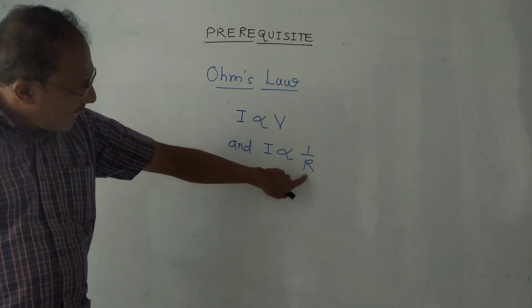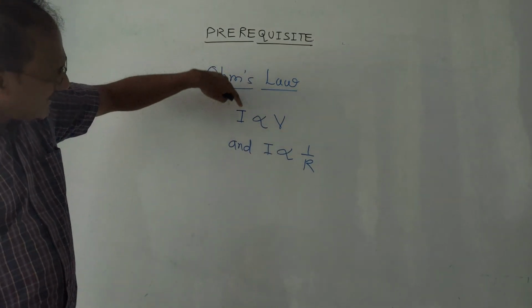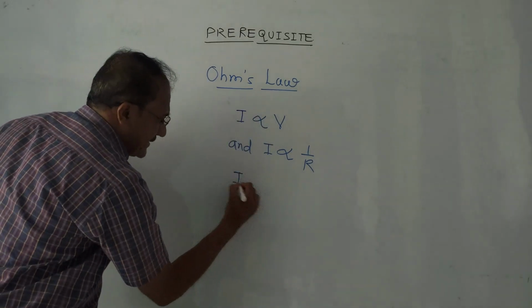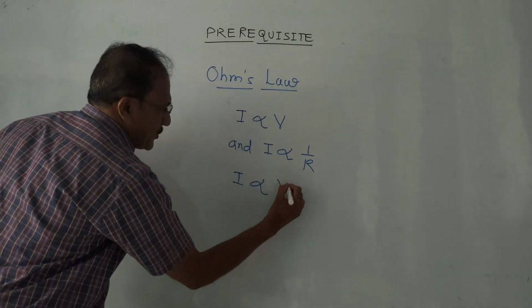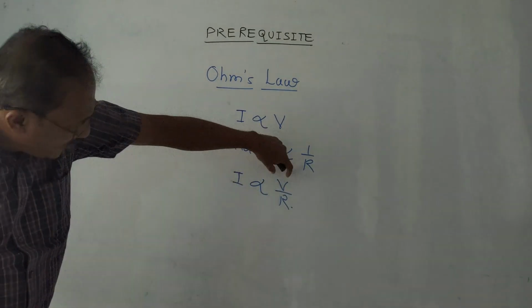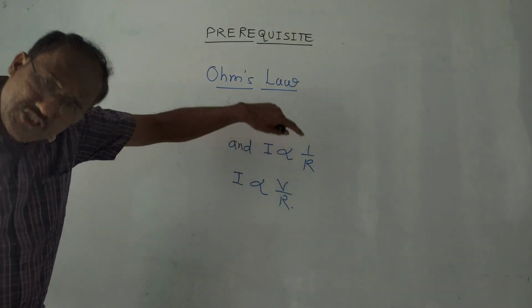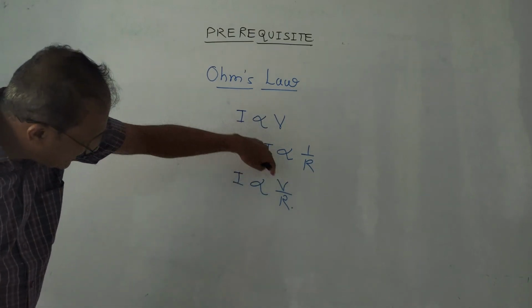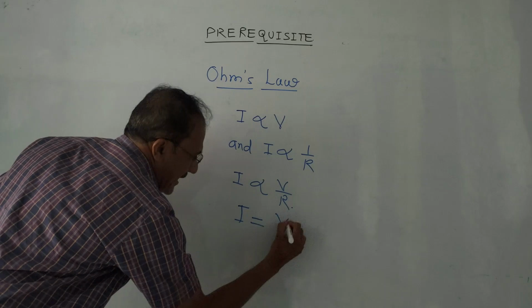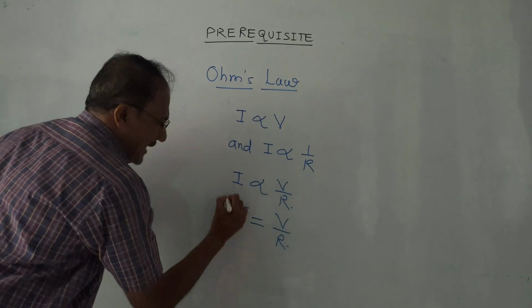The notation for resistance is R. V stands for voltage, I stands for current. So, the combined equation I can write is I is directly proportional to V upon R. But the value of voltage is adjusted in such a way that this proportionality sign becomes an equals sign. So I is equal to V upon R.